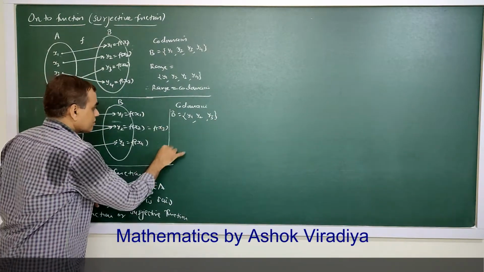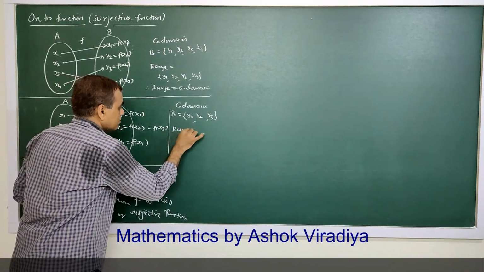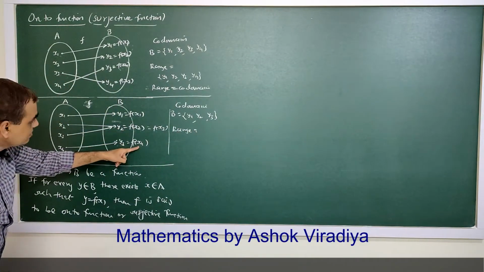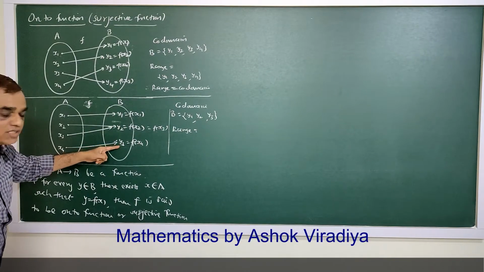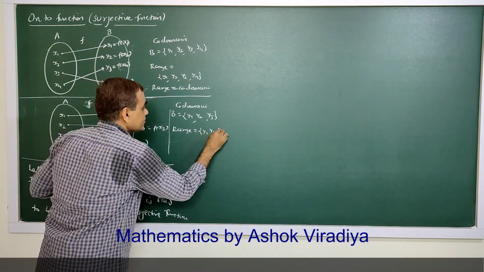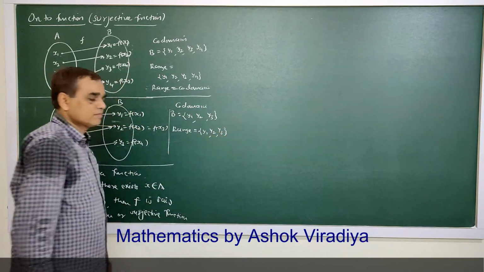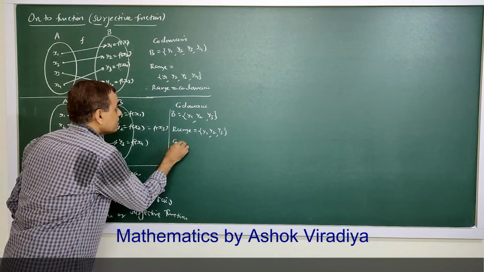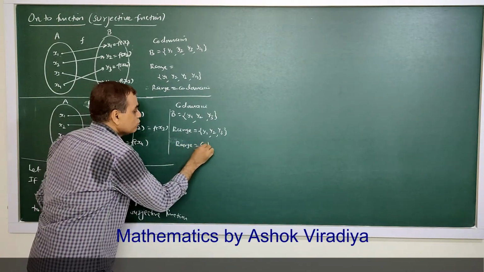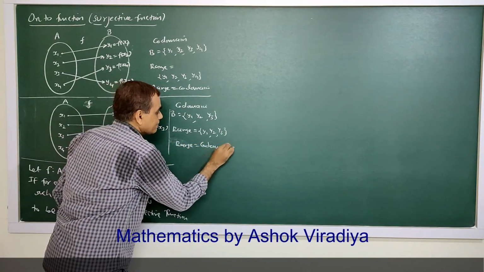Range means the set of images. So these are images, that means these are values of images. Range is the same. So codomain and range are equal. Range equals codomain.